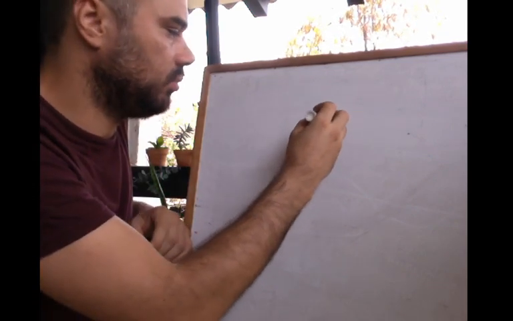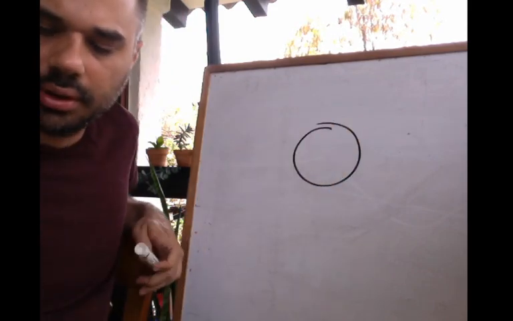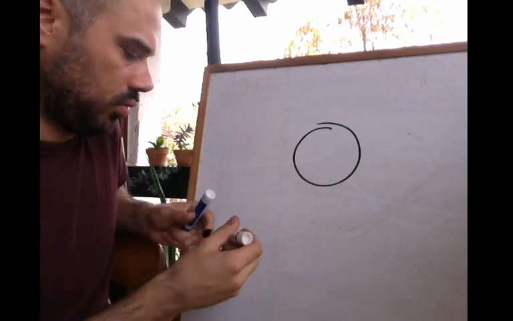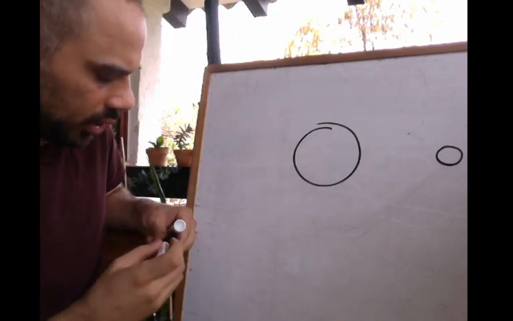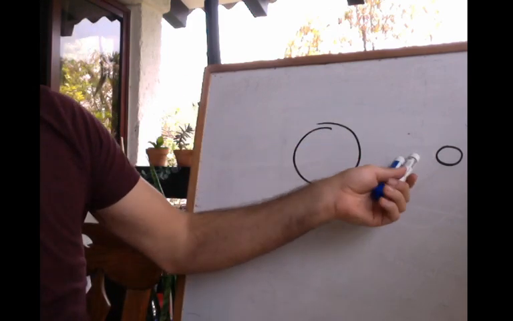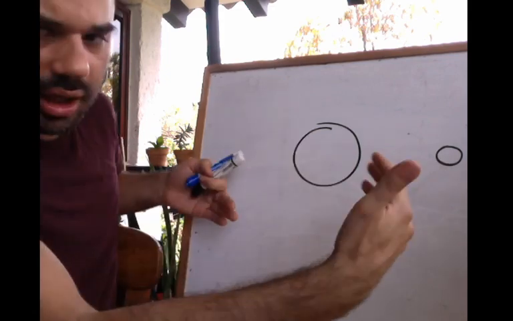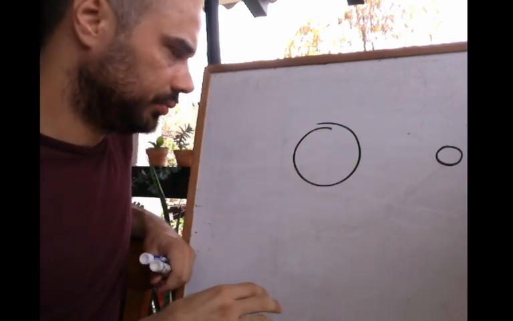Now, imagine we have planet Earth over here, and we also have the moon over here. The moon exerts gravity just as much as the Earth exerts gravity on the moon, because gravity is a two-way thing.